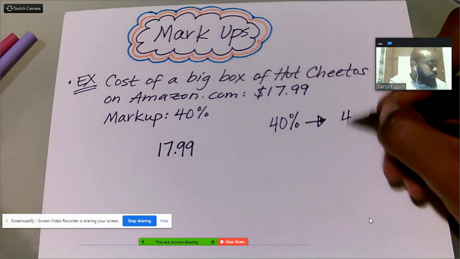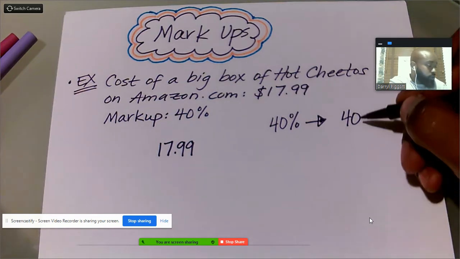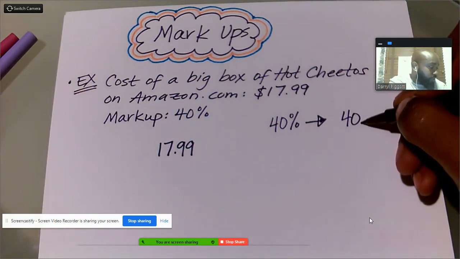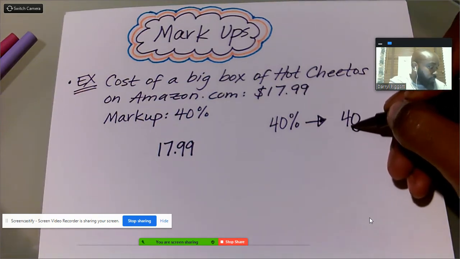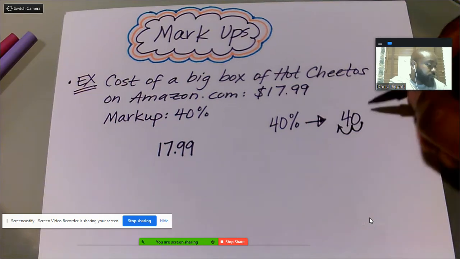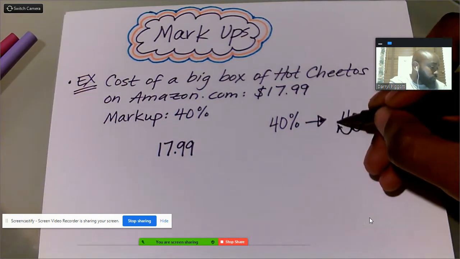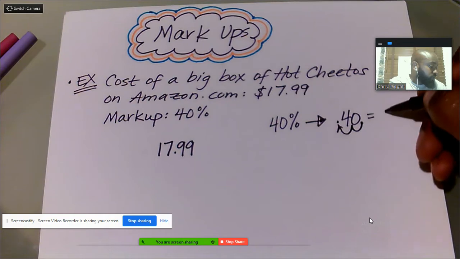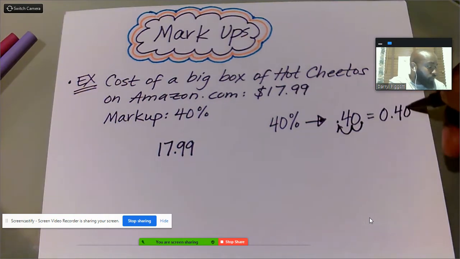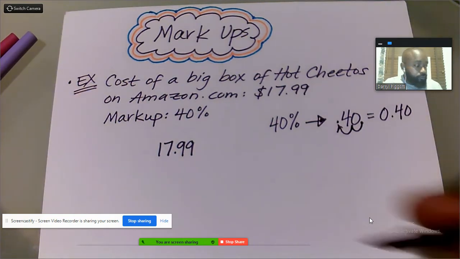To convert it to a decimal, I take that 40. We assume the decimal is right here behind the ones place, and I move it 2 times to the left. So the decimal for 40% is 0.40, or just 0.4.